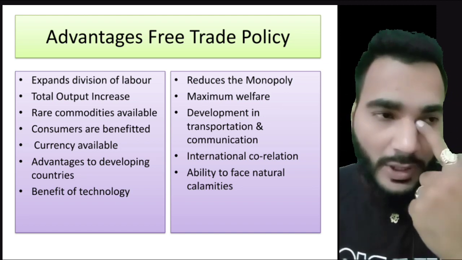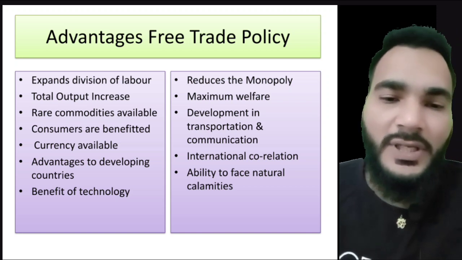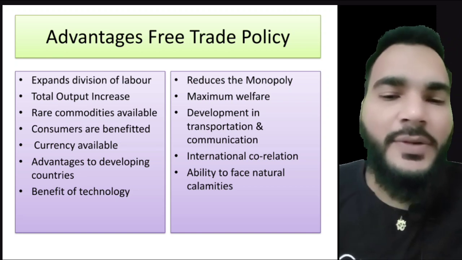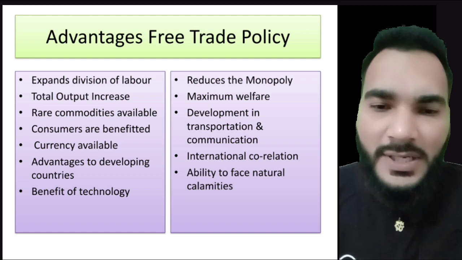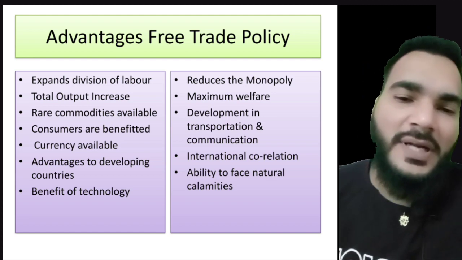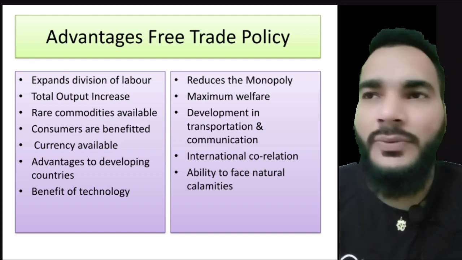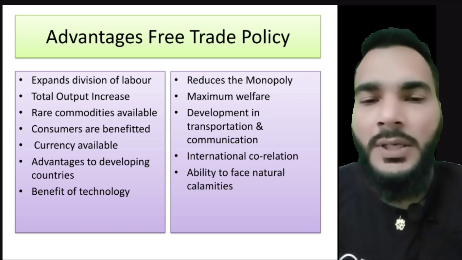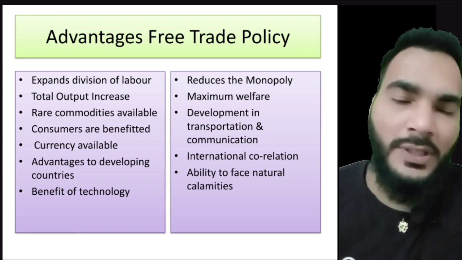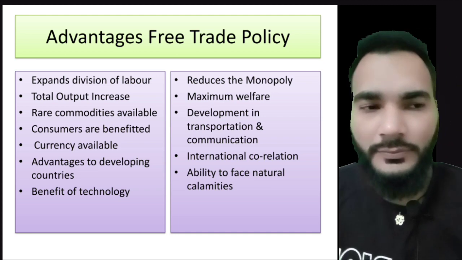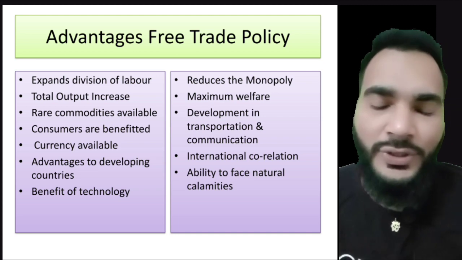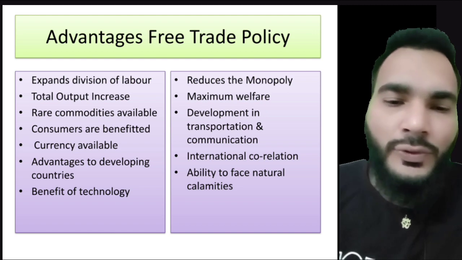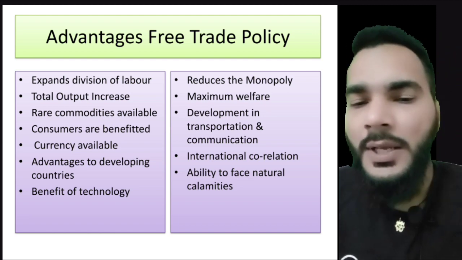Now the first main thing which we need to understand is that in free trade policy each and every country would get specialized in one important thing. Like, for example, India is specialized in agriculture, Russia is specialized in weapons and arms ammunition, and Japan, Korea, China, they are specialized in technology.